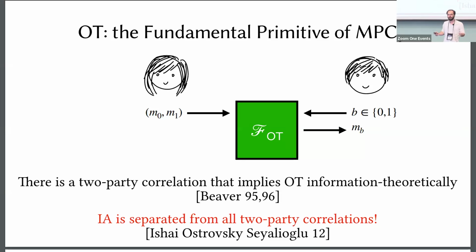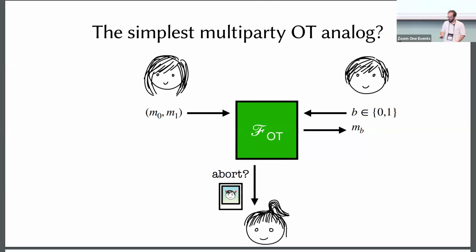So what's the minimal modification we can make to the OT functionality so that we can get identifiable abort out of it? I claim that the first thing is that OT is a 2-party functionality. You have a sender and a receiver. I'm going to call them Alice and Bob. But in general, we want to work with n parties.